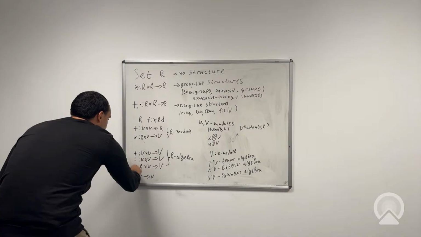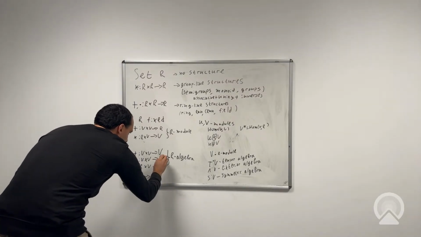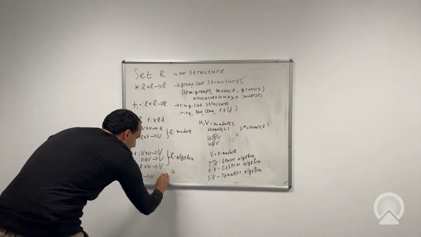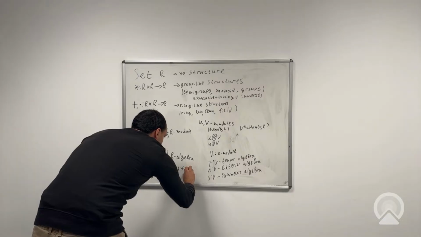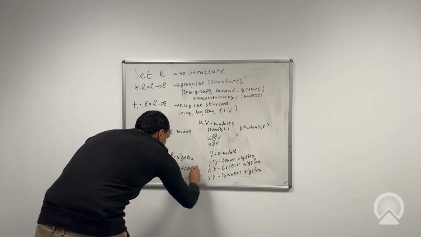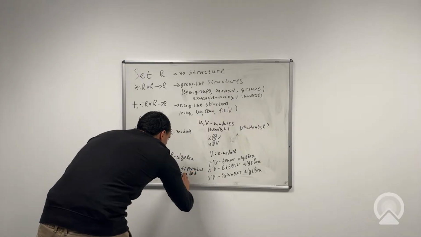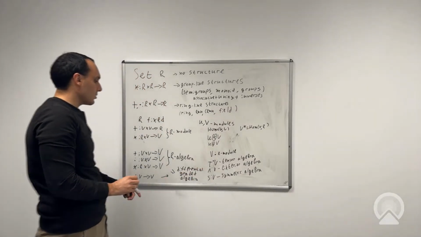If we combine d with all three operations, we get a differential graded algebra. These are usually algebras that are built on the exterior algebra.